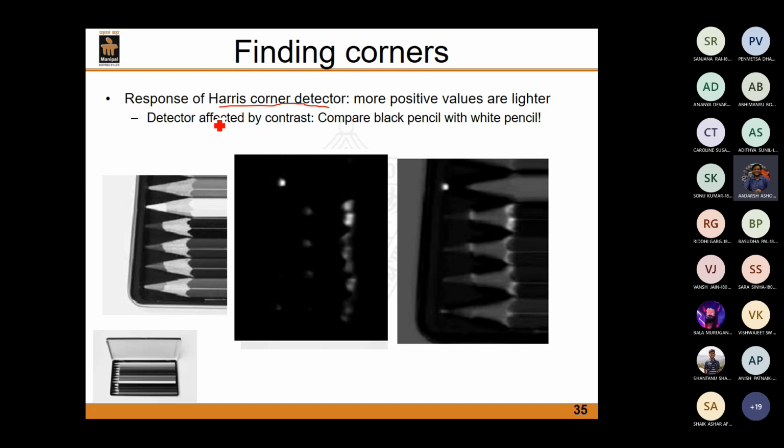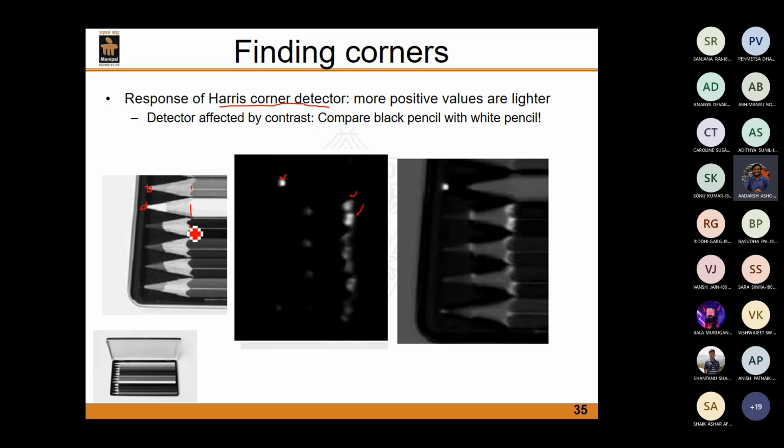When you look at the response of the Harris corner detector for this image, what we see is that it is able to detect the corners at some of the points, for example this particular point here and some of these points here.